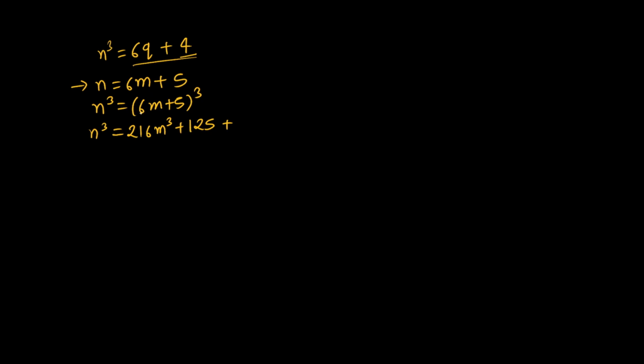So 3a square is 36 into 3, 108, 108 into 5, 8 into 5 is 40, carry 4 and 5, 540 m square plus 3ab square. So b square first, 25, 25 into 6, 25 into 4 is 100 and 100 and 50, 150. So 150 into 3, so 450 m.